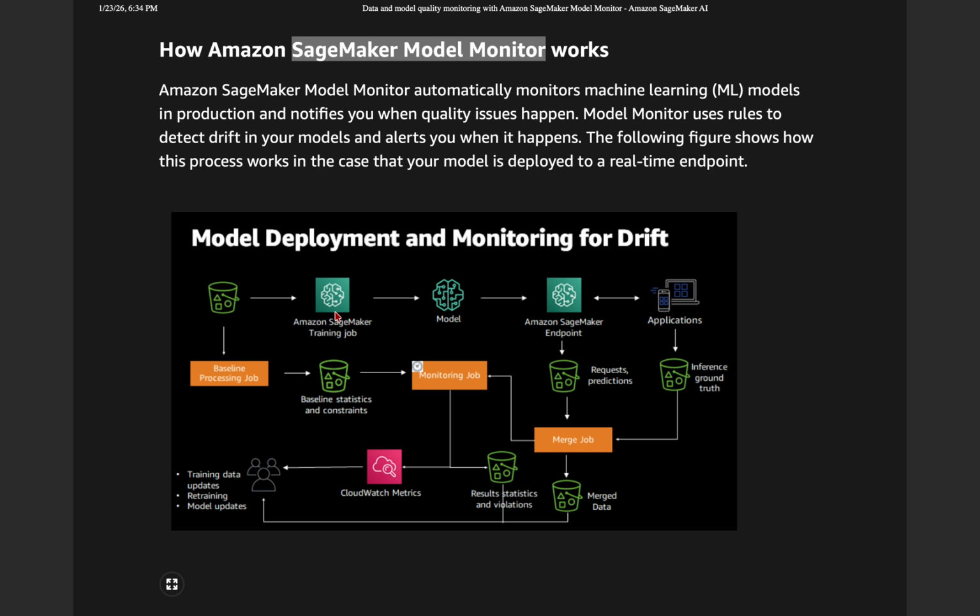From that prepared data, we create a baseline processing job, which will have some conditions, like the user should be of age, let's say, 40 to 80. It will keep a check on this condition, and that data is also used in the monitoring job.